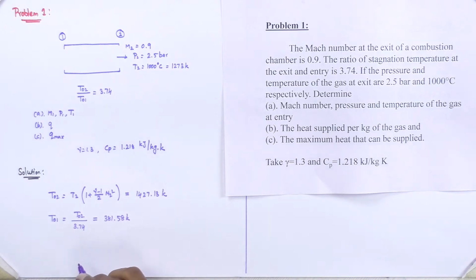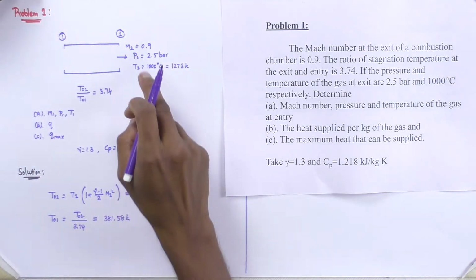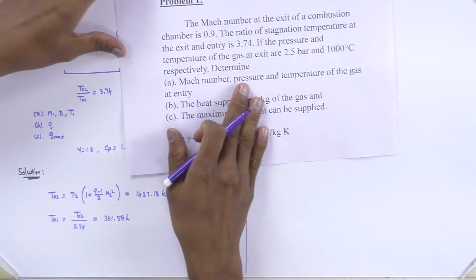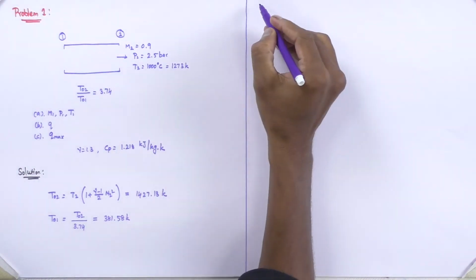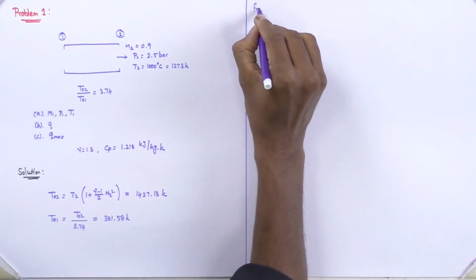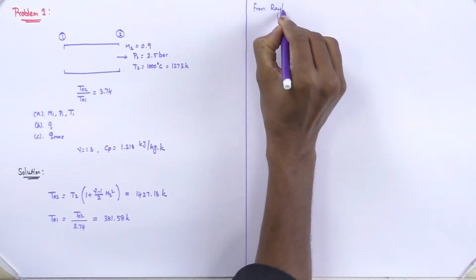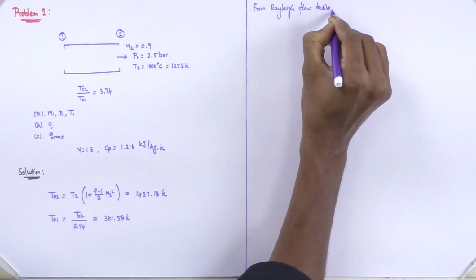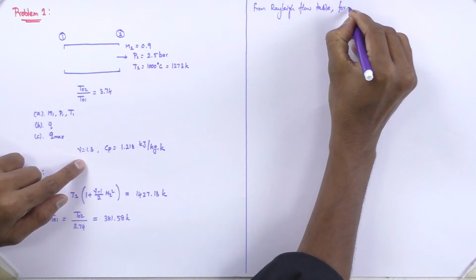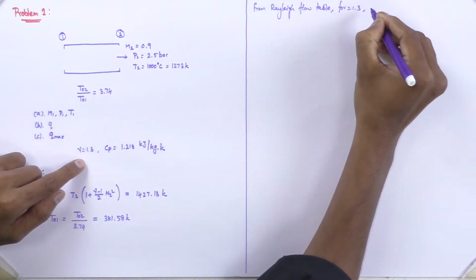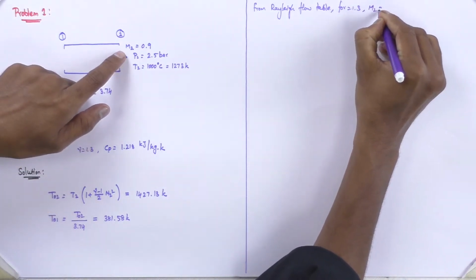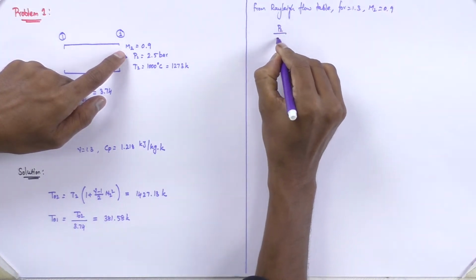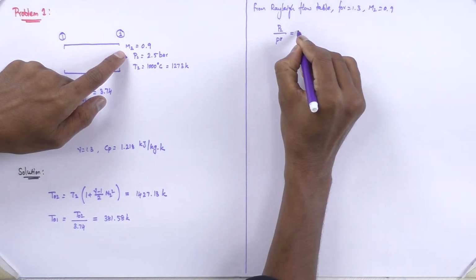Now let us compare this exit flow to sonic condition from the Rayleigh flow table. For gamma equal to 1.3 and M2 equal to 0.9, the corresponding P2 by P star is equal to 1.12.